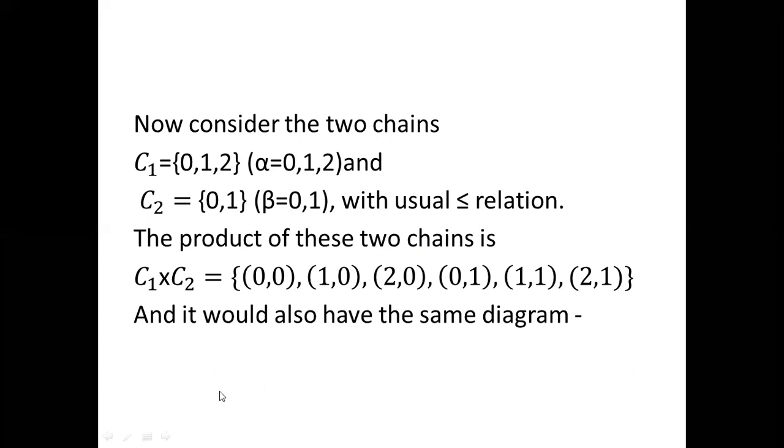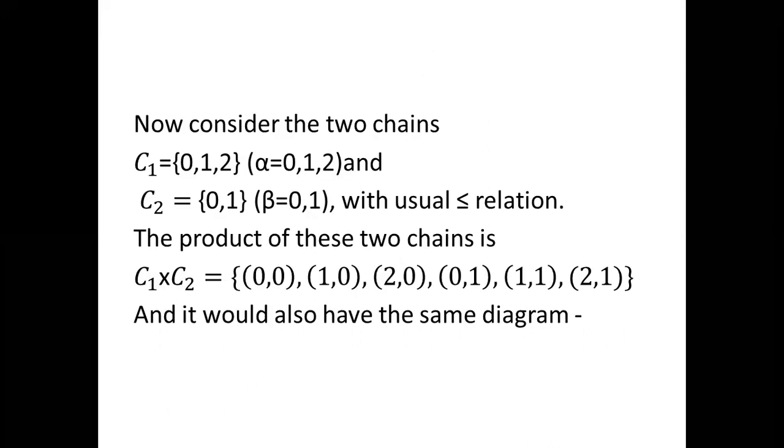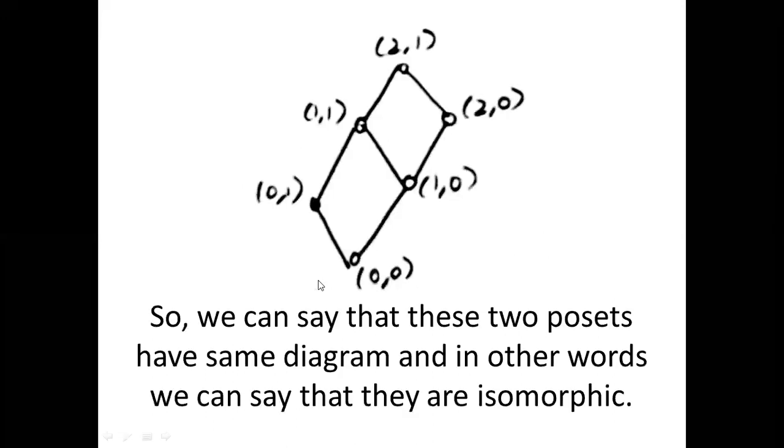Now it would also have the same diagram. Let us see. This is the (0,0) element, and this is (1,0), (2,0), (0,1), (1,1), and (2,1). How are we making this diagram? What is the relation in this? Here you can see that (0,0) is related to (1,0).